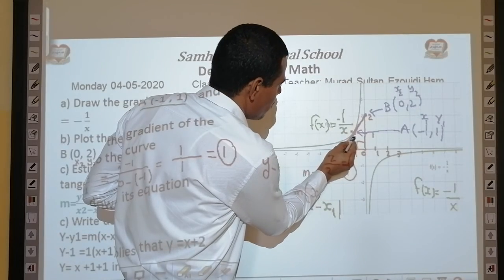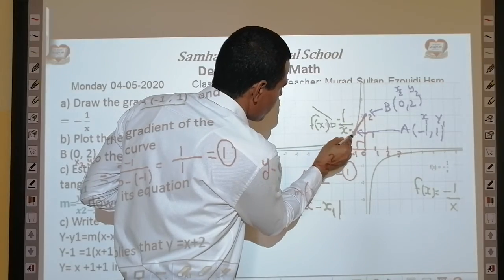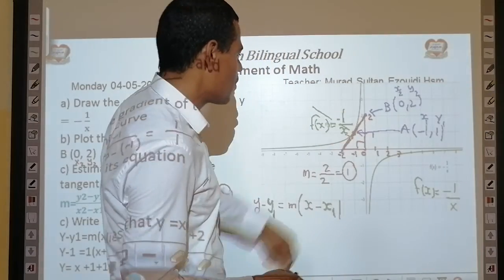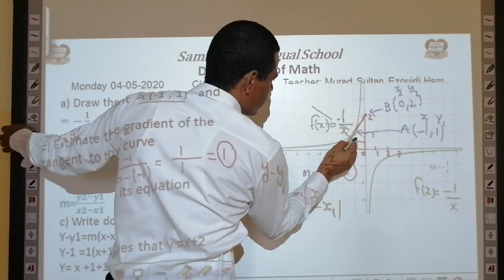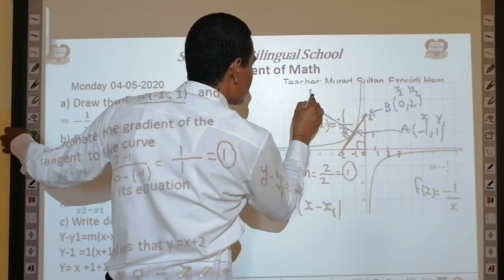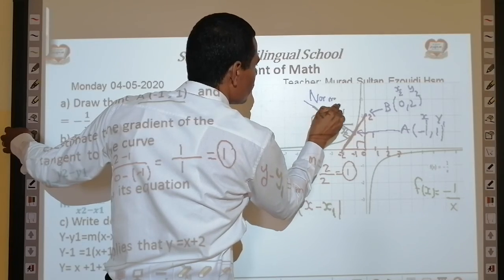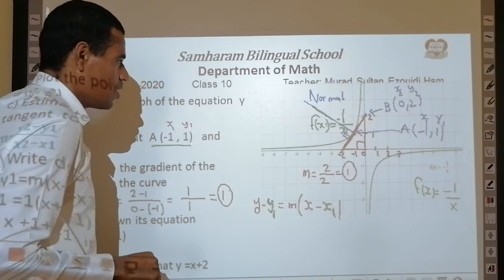Here we can draw a normal like that. Okay, a line that is perpendicular to the tangent. I mean like that, my learners. Okay, this is 90 degrees. This is called the normal. The normal is perpendicular to the tangent.